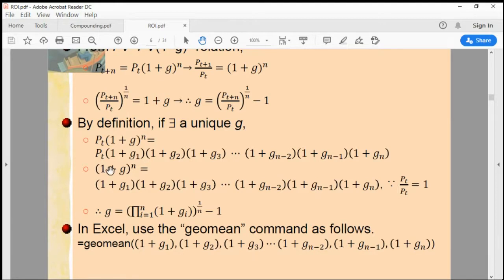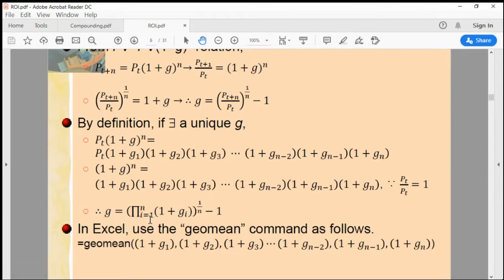But just to get rid of this n, the exponent, you will have to take the nth radical on the other side. Nth radical means raising it to 1 over n. And once you raise it to 1 over n, then to isolate g, you will have to subtract 1 from the other side. So this is what it is, okay?